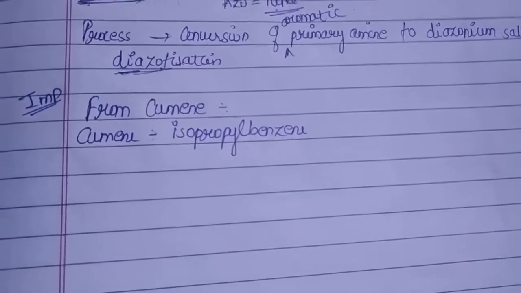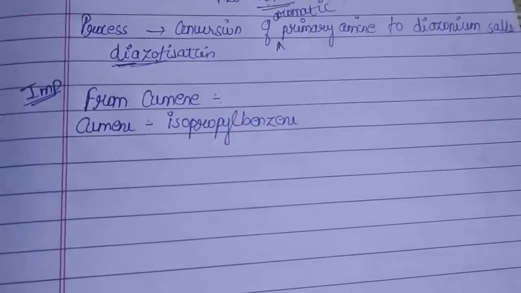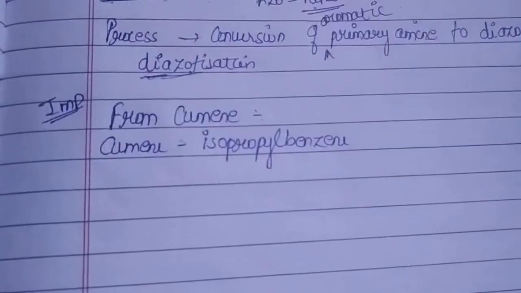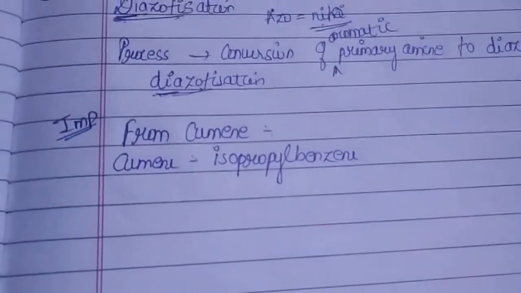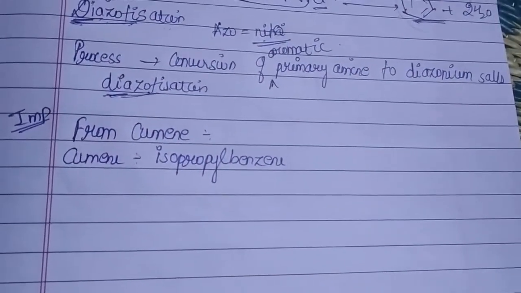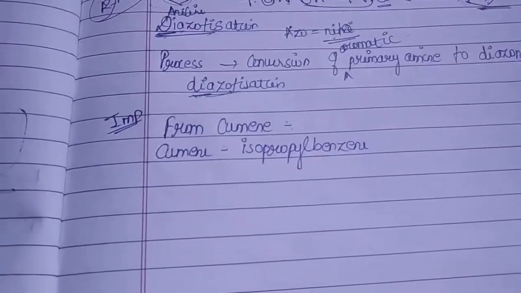But one of the most important things we have to remember over here is the important byproduct obtained in this reaction. Of course, till now we were mainly focusing on the product part, and we have gotten small molecules like NaCl or water. But in this cumene process, what we are getting is an important byproduct, that is your acetone, which is one of the major important organic solvents.